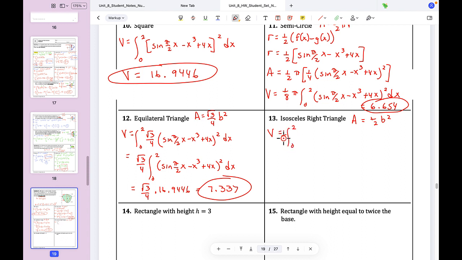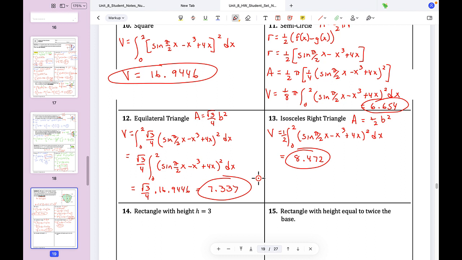I'm going to just put that 1/2 in front, right? And the base again, sine pi over 2x minus x cubed plus 4x squared dx. And that equals 8.472.